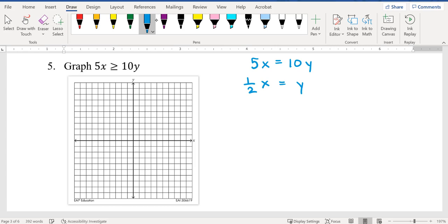Okay, that's in slope-intercept form. y equals 1/2 x plus 0, correct? So my origin is the y-intercept.